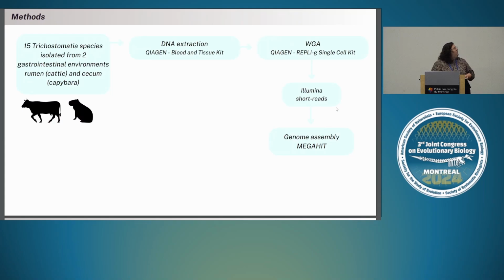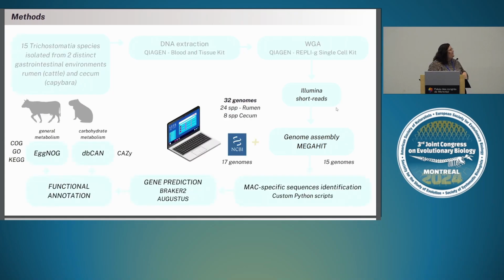For that, we sequenced and assembled the genomes of 15 ciliates isolated from distinct gastrointestinal environments, the rumen of cattle and the cecum of a capybara. These 15 genomes were joined to other 17 genomes available in the NCBI database, totaling 32 genomes in which we performed gene prediction and functional annotation.